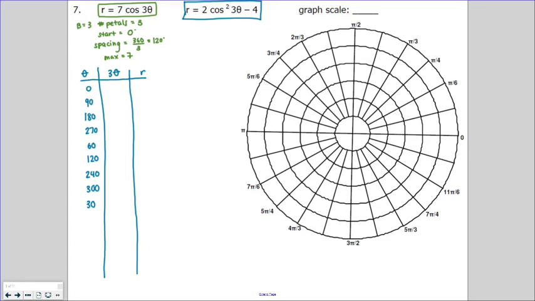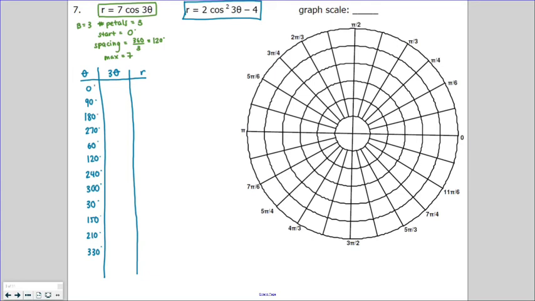So that root 3 over 2 value we'll get at the 30-degree angle family. That gets squared, so we end up getting rid of the square roots, and we'll see what happens on that as well. So that's going to be 30, 150, 210, and 330. So let's calculate 3 theta for each of these. I'm going to mark the angle that is coterminal on the unit circle, and then we'll evaluate for r and have some points to plot.